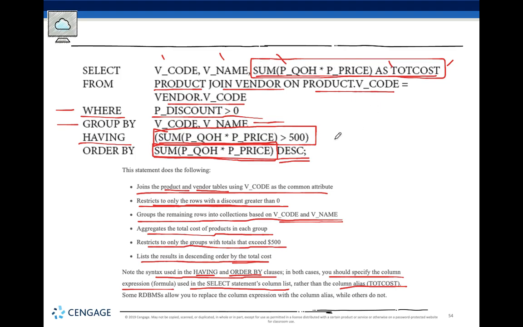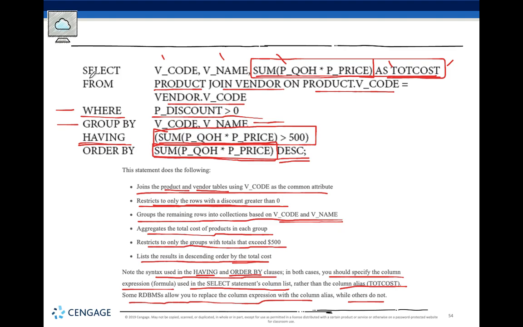This is just one of the things that's unique to SQL, is you cannot use the column alias that you've used in the select statement. You have to use the expression that you've used and fill it out here. Now, some DBMSs will allow you to use the column alias, but most of them do not. Okay. So that's having in a nutshell.